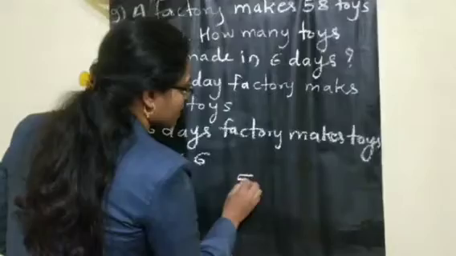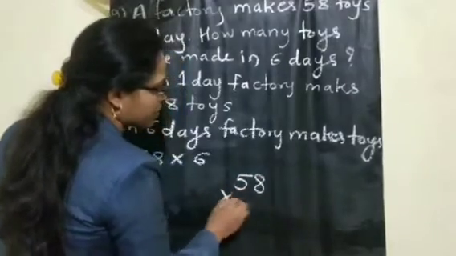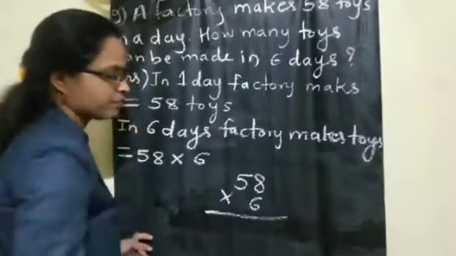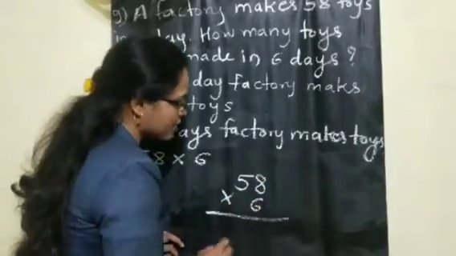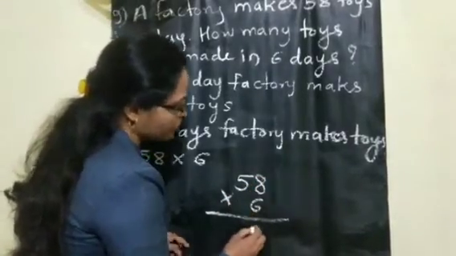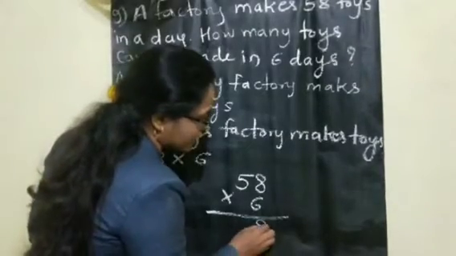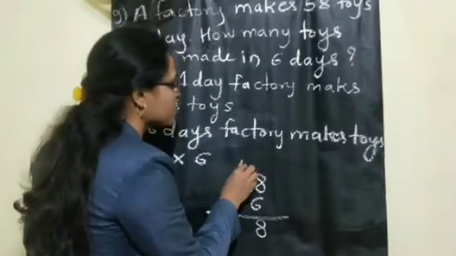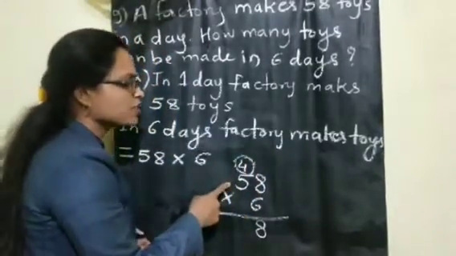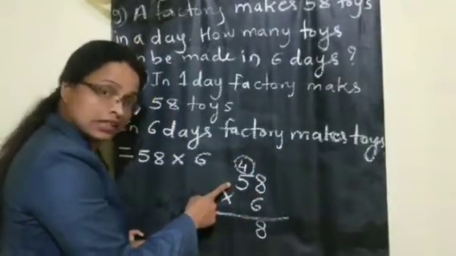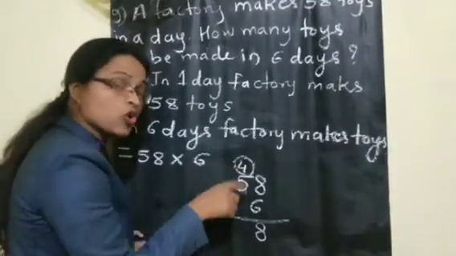So, arrange in a vertical form, 58 multiplied by 6. So, 6 eights are 48. 8 write downside, 4 write upside as the carry in the tens place. Now, 6 fives are how much, children? 6 fives are 30. 30 plus carry 4 is 34.